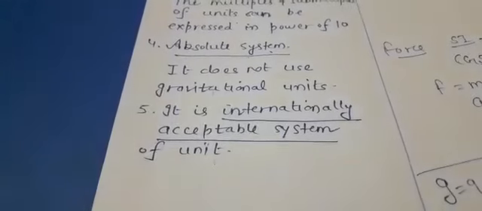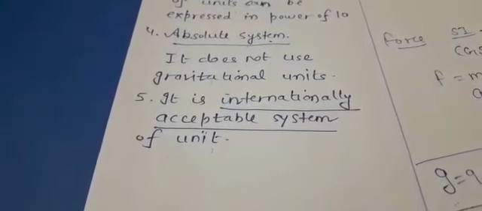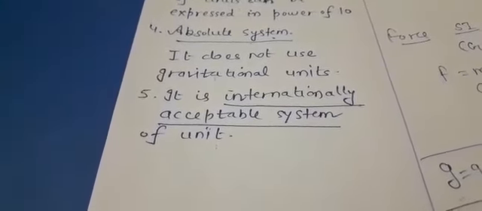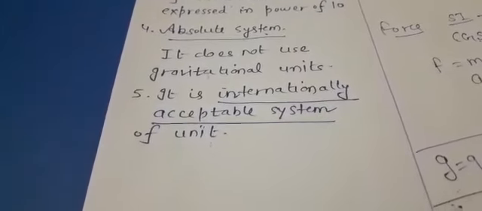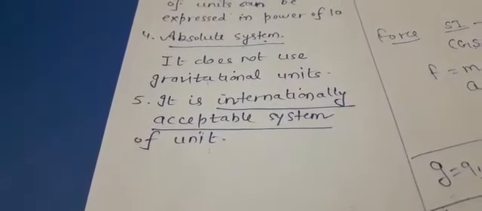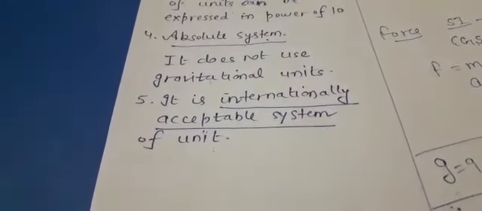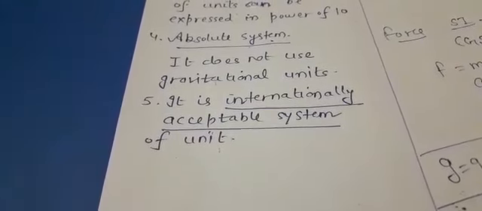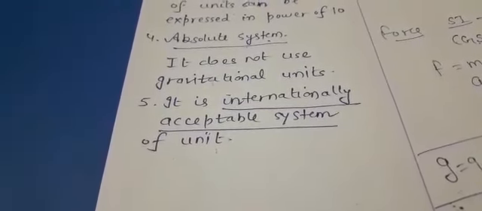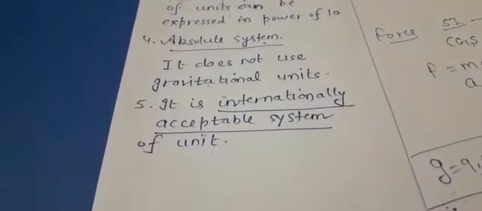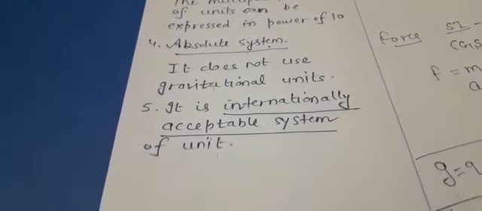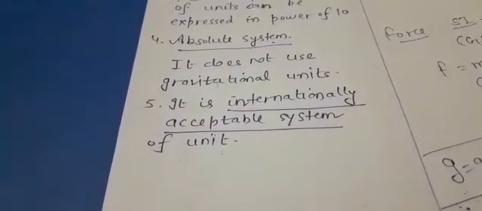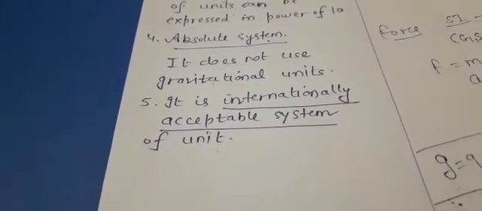Now the last point is it is an internationally acceptable system of unit. Obviously, when we discuss any kind of unit, it should be uniform, internationally acceptable at all places throughout the world, like in India, in US, in UK, everywhere unit must be same. That's why a committee was introduced in 1971, the General Conference on Weight and Measure.